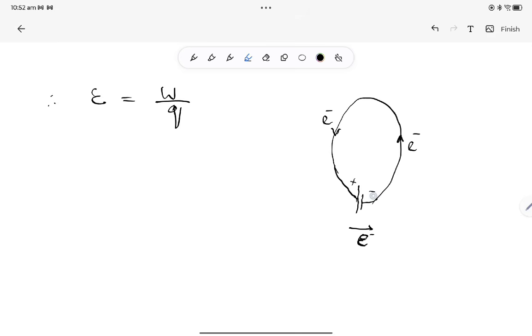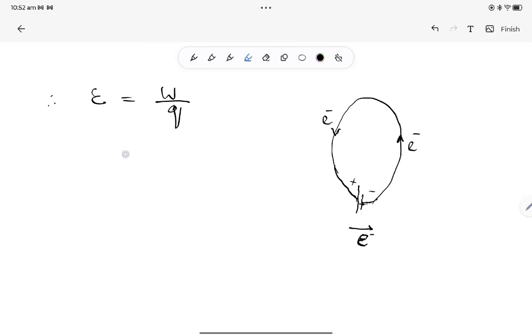That means we start with the charge at one point, say this negative terminal, and bringing that charge back to the negative terminal needs work to be done. And this work per unit charge is called EMF of the source. EMF is a property of sources, not passive conductors or insulators.